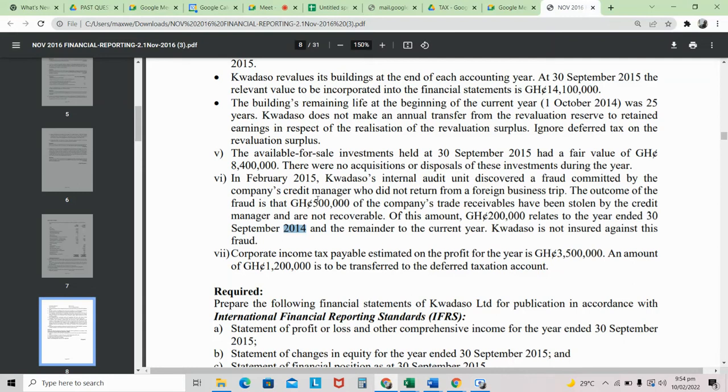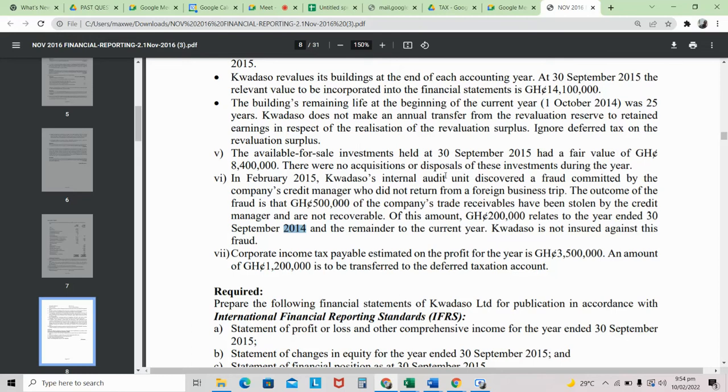But they are saying that some part is for the current year, some part is also for the previous year, the past year. So the one for the current year, you have to account for it in the current year income statement. Okay.